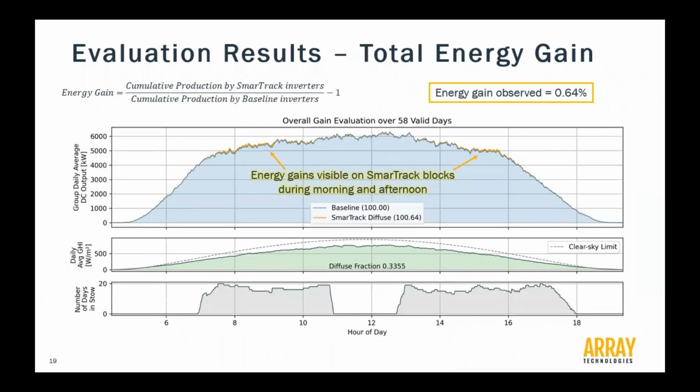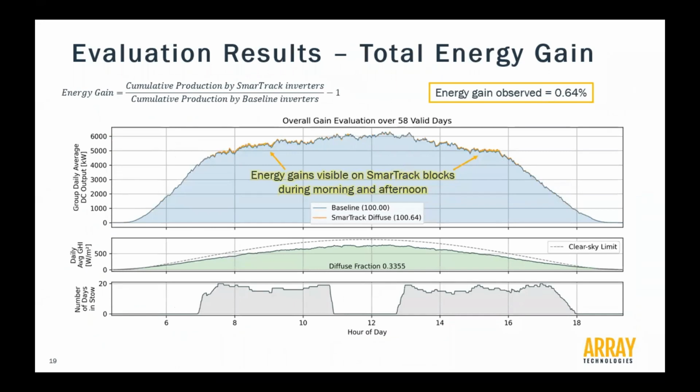In this case, baseline just means that the algorithm was not activated. Just regular tracking, backtracking. The middle graph shows the average GHI relative to the clear sky limit. That corresponds to a diffuse fraction of 0.34 during the evaluation period. And the bottom graph shows the number of days in a flatter stow position.